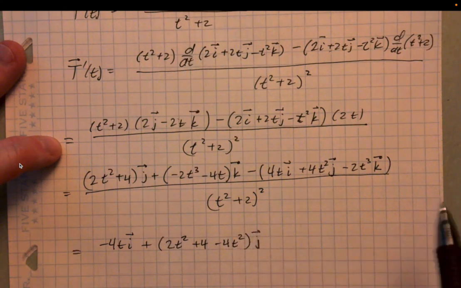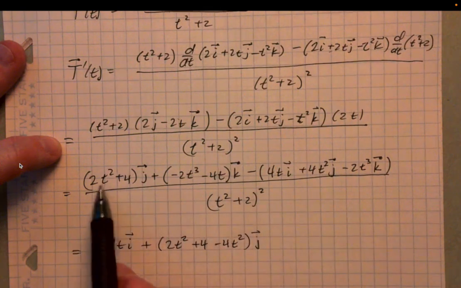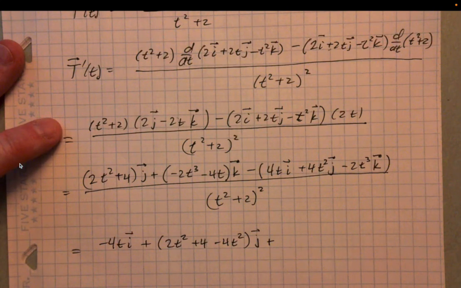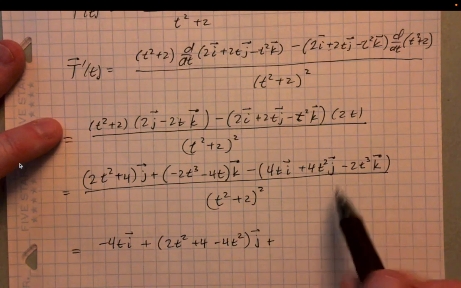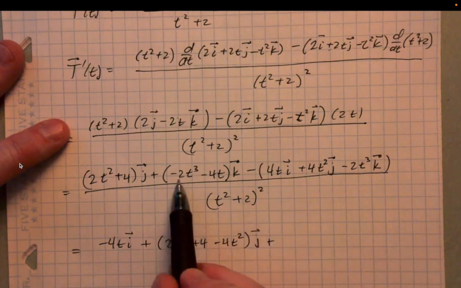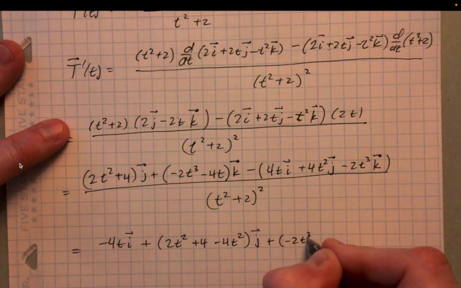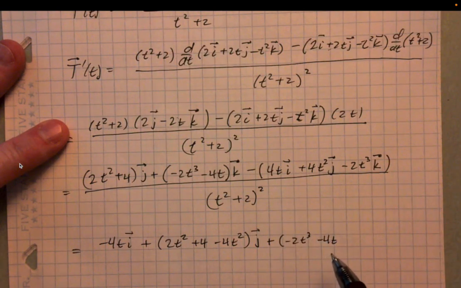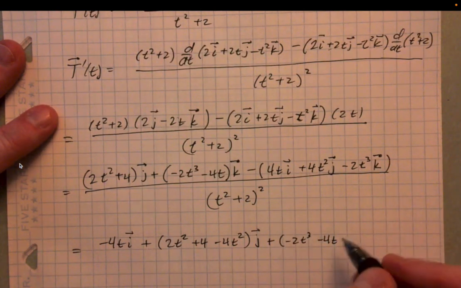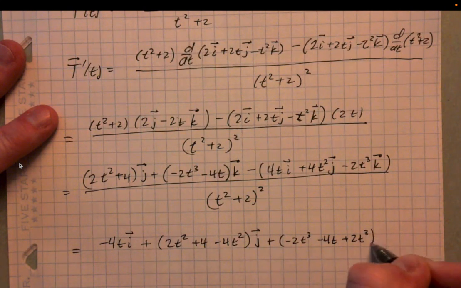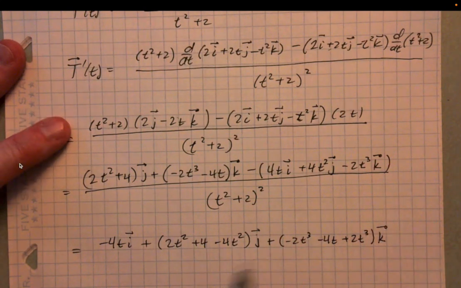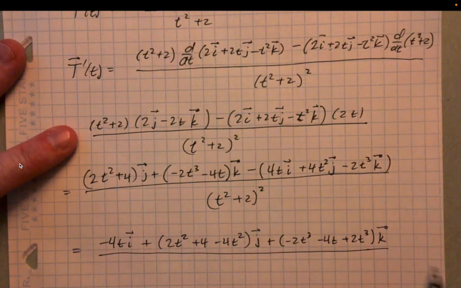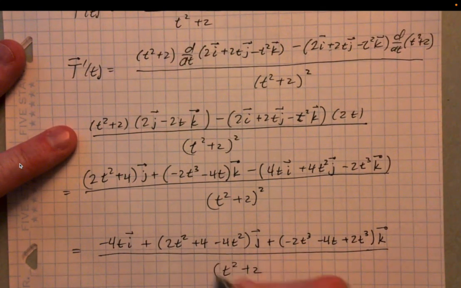That's the j's. So you've got these two here and then that one. And then it's going to be plus negative 2t cubed, this guy here, minus 4t, and plus 2t cubed. And that's all k. Very good. So we've got everything organized now, and then of course t squared plus 2 quantity squared on the bottom.